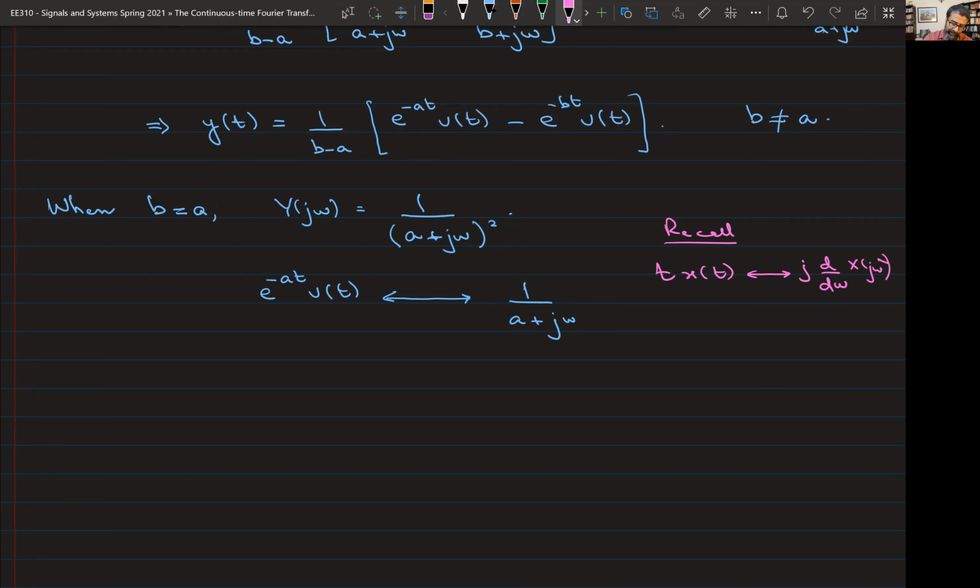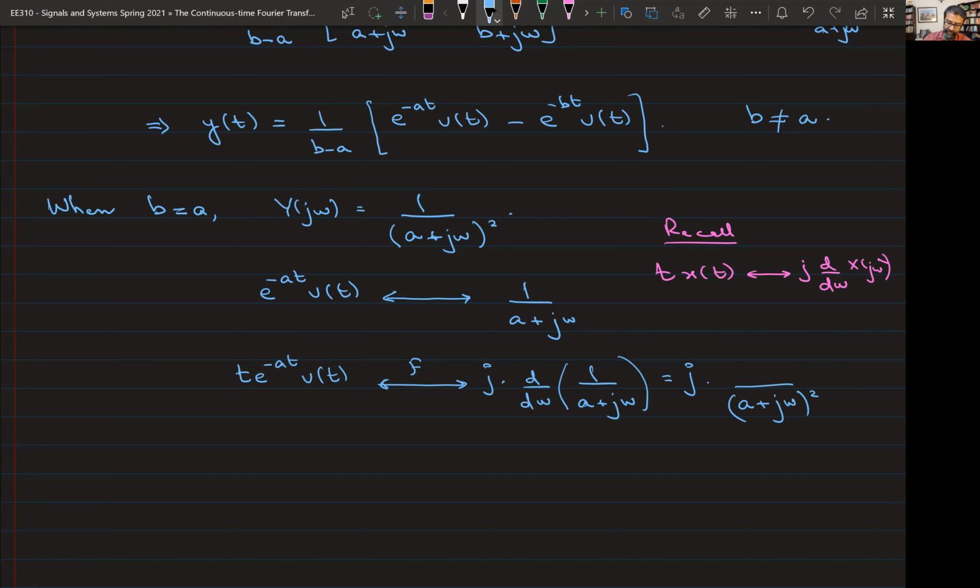And I can therefore say that the Fourier transform of t times e raised to the minus at u of t is going to be equal to j times d by d omega of 1 upon a plus j omega. So what's the derivative here? The derivative of 1 upon a plus j omega is 1 upon a plus j omega whole squared.